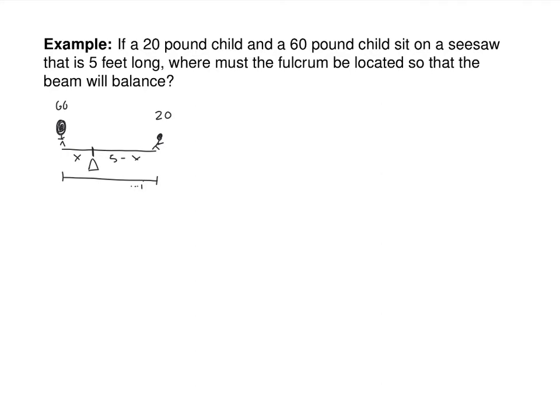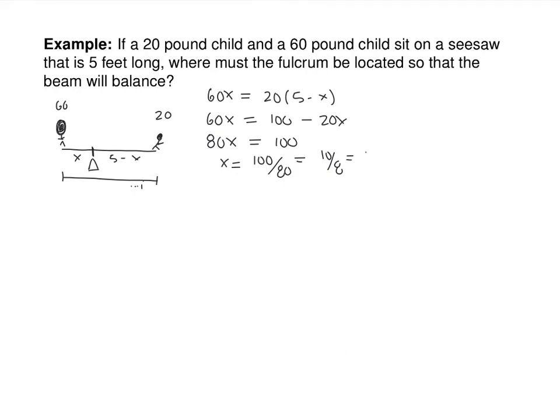Using the law of the lever, you know that 60x has to equal 20 times (5 minus x), or 60x equals 100 minus 20x. 80x will equal 100, and so x will equal 100 over 80, which is 10/8 or 5/4, or 1.25 feet.